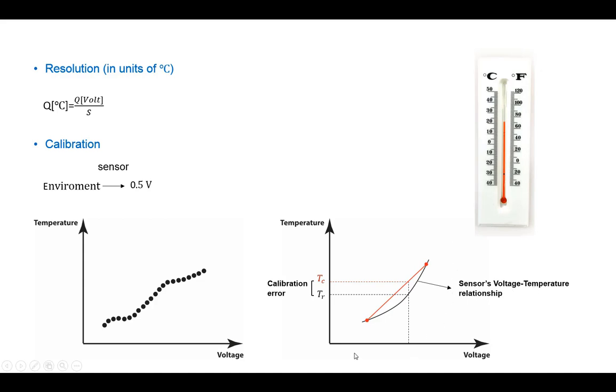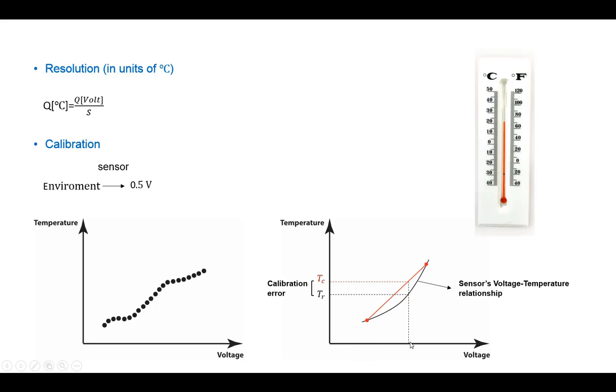So what happens? It means I have calibrated my sensor. Now the computer knows the relationship between the voltage the sensor gives to it and the temperature that voltage is showing.